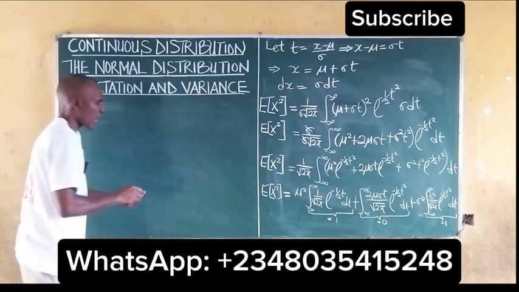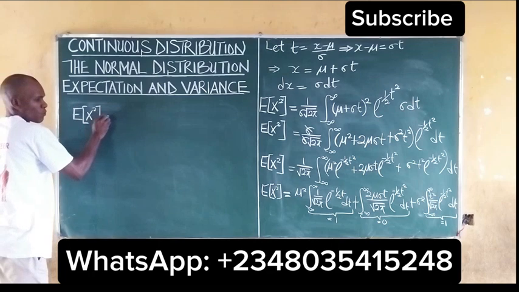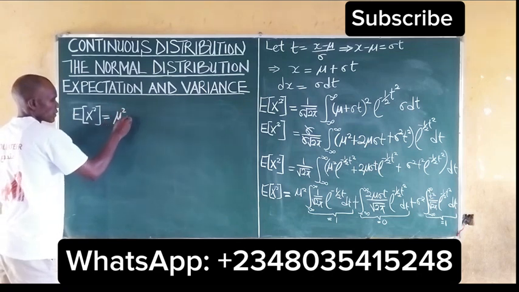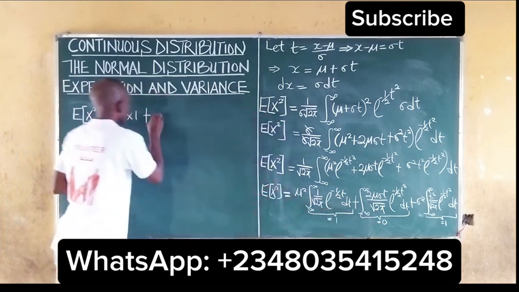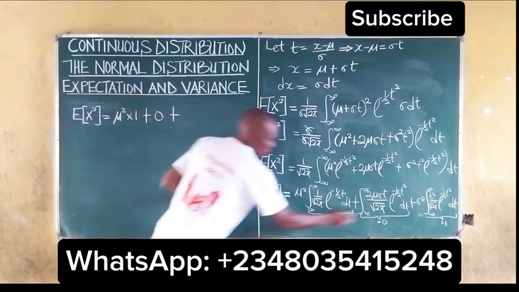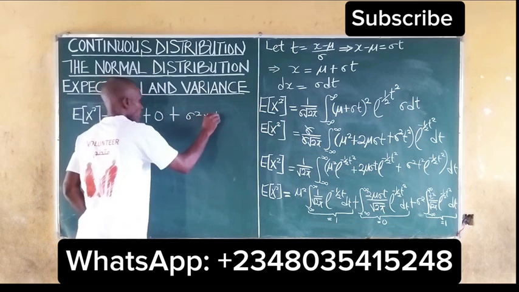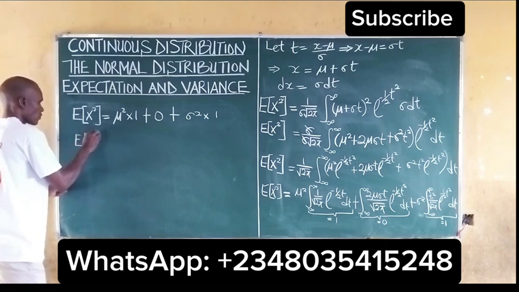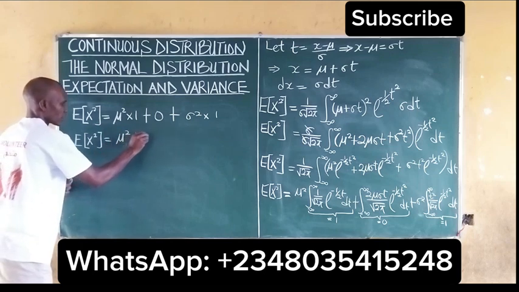It then means that our expected value of x squared will be equal to mu squared multiplied by 1, plus here we have 0, plus here we have sigma squared multiplied by 1. So we have our expected value of x squared to be equal to mu squared plus sigma squared.